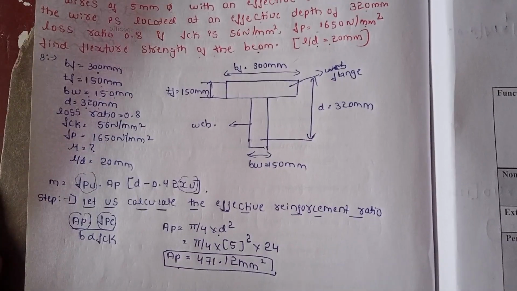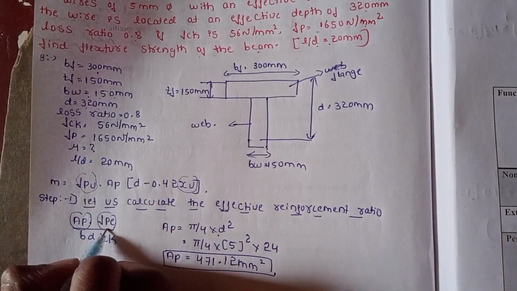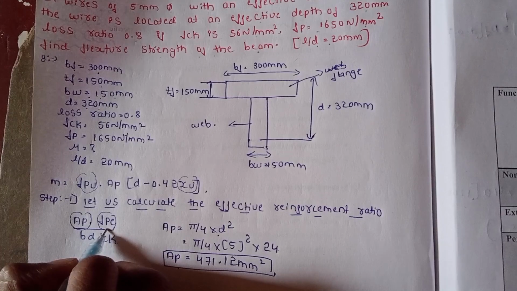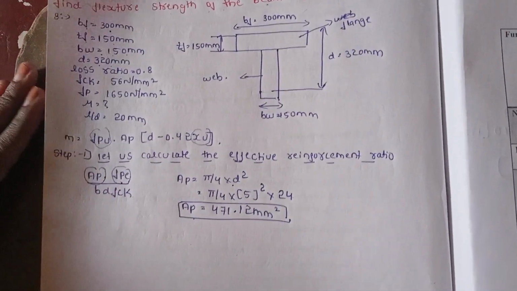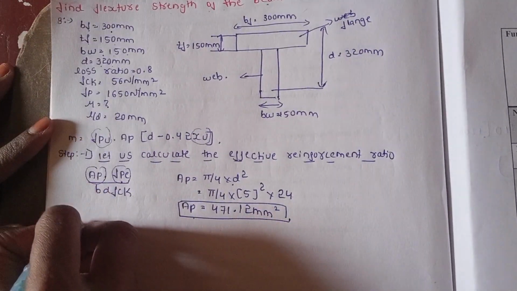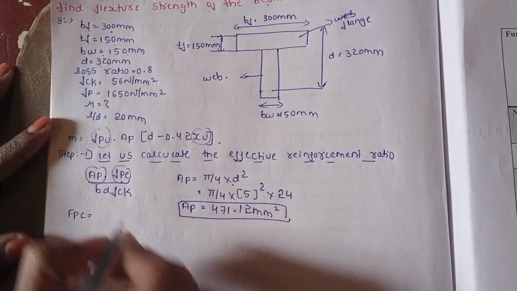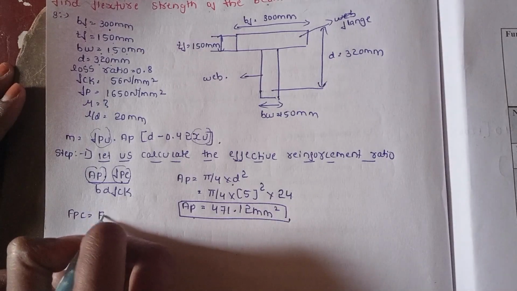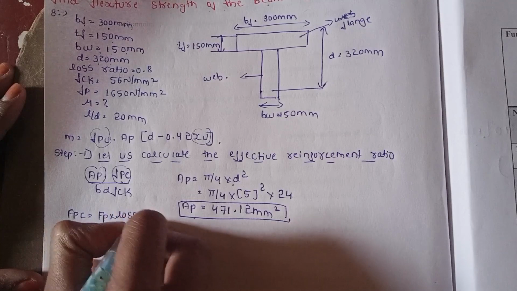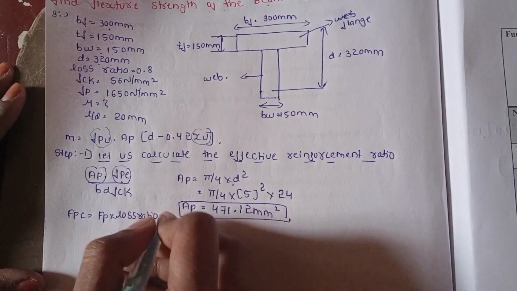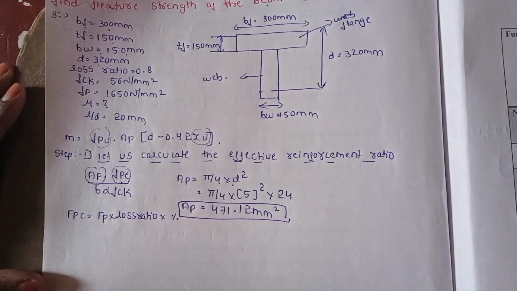Now we want FPE value. Okay, so FPE means the effective pre-stress in the steel after all losses. So the formula is FPE equal to FP into loss ratio into percentage.